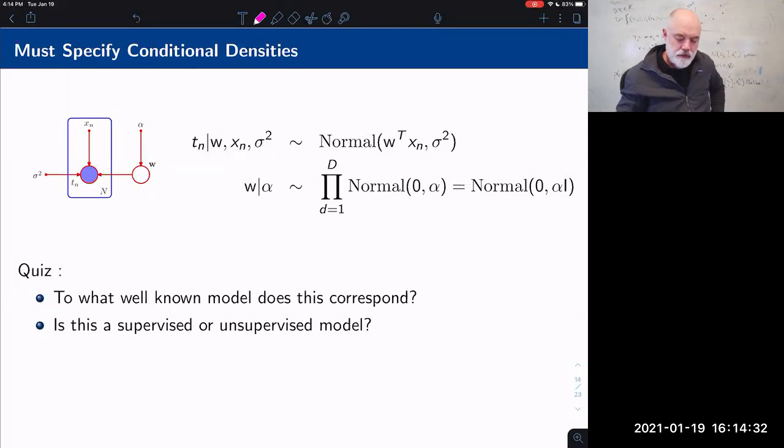If we say that W, which is some vector quantity given some hyperparameter value alpha, is the product over the dimensions of W of a univariate normal with mean 0 and parameter alpha, which is the same thing as saying multivariate normal with mean vector 0 and covariance alpha times I, and Tn, which Bishop refers to as a target, given W and Xn, which is also a vector, and sigma squared, is normal with mean W transpose Xn and variance sigma squared.